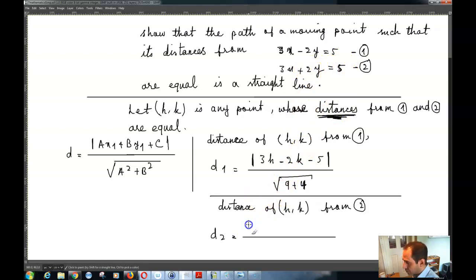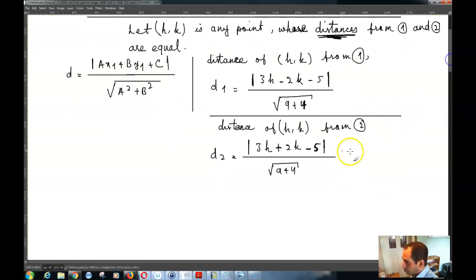So the absolute value of 3 times h plus 2 times k minus 5 over the square root of 9 plus 4. And since these two distances are the same, of course I can say that d1 is equal to d2. That's the assumption that we made.